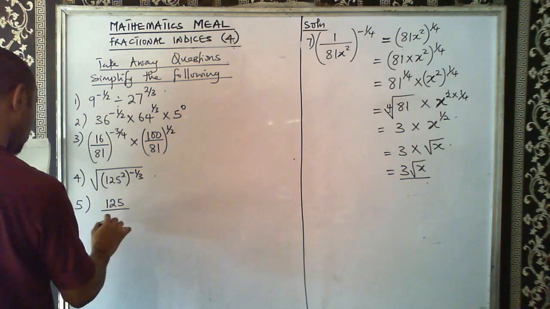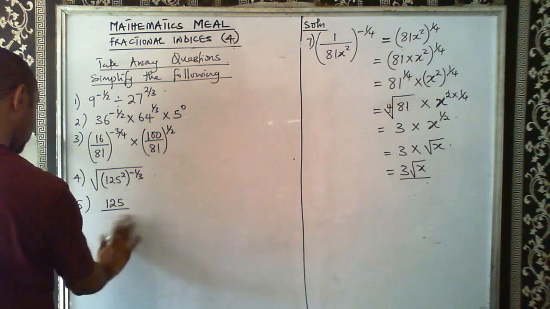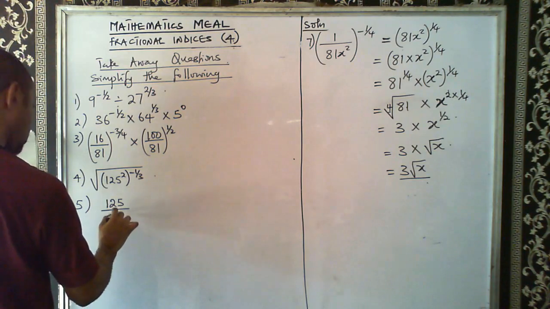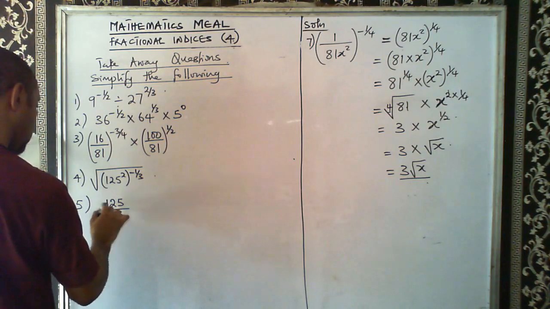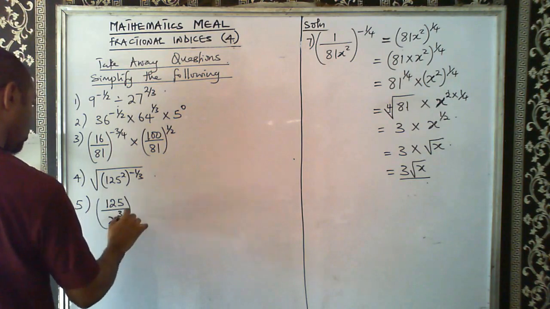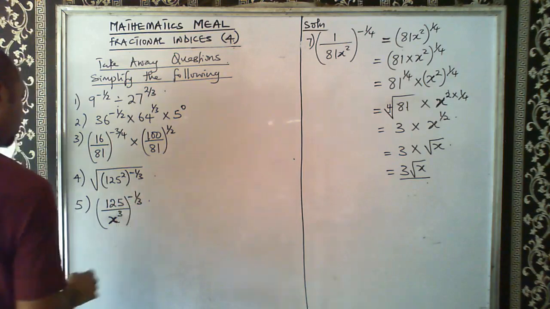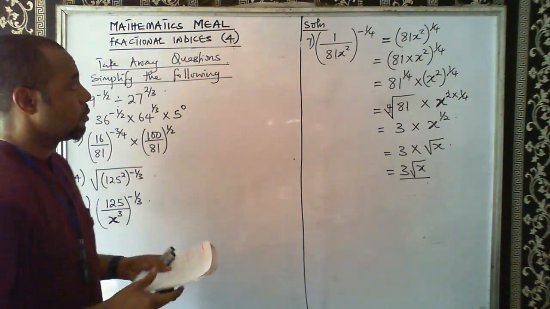So we have 125 over x to power 3, all raised to power minus 1 over 3.